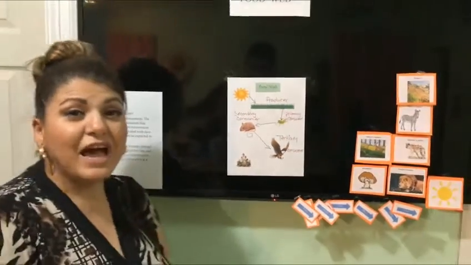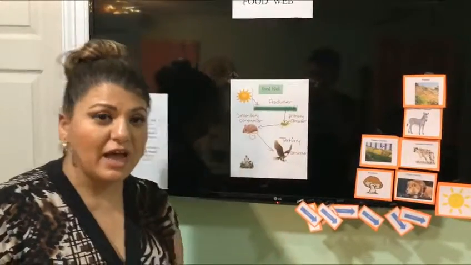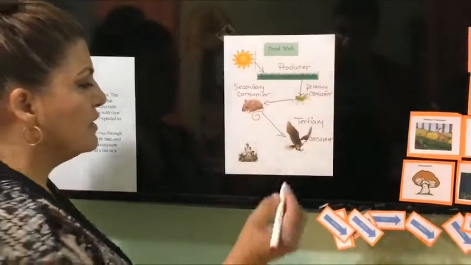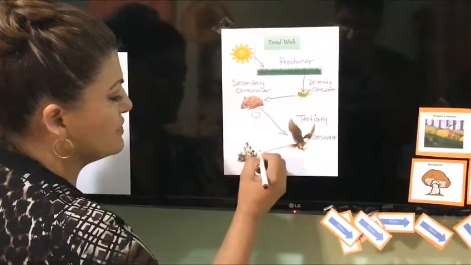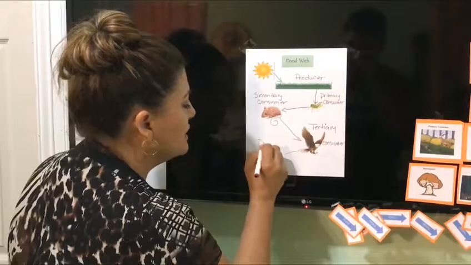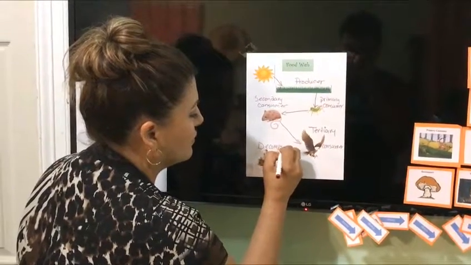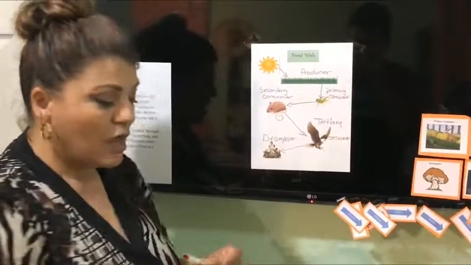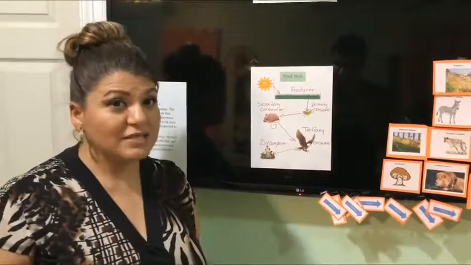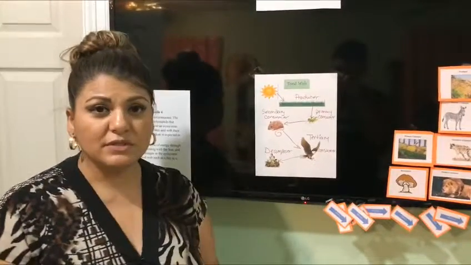And when the eagle dies, boys and girls, what happens to the eagle? It dies and it goes under the ground and it decomposes. So you put the arrow going this way and you put decomposer. And when it takes time and there's a process, what happens to all the nutrients from the decomposer?